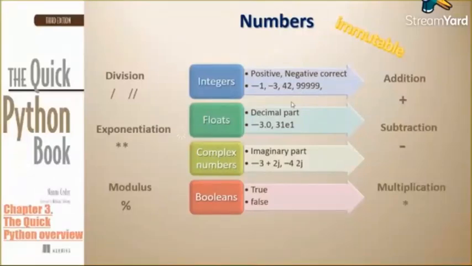Complex numbers have imaginary point shown by the J notation, and booleans, true or false, which is used in logical calculations.